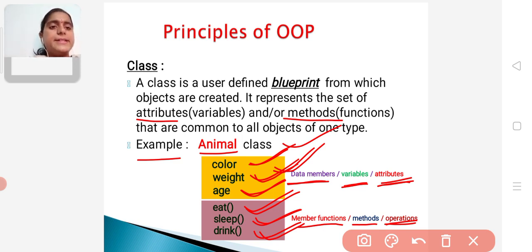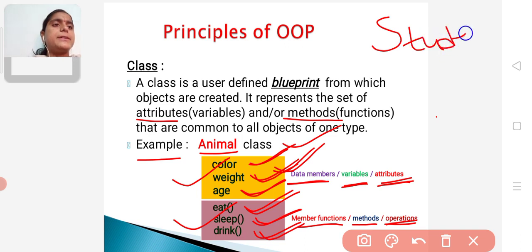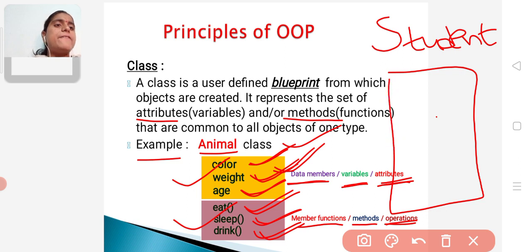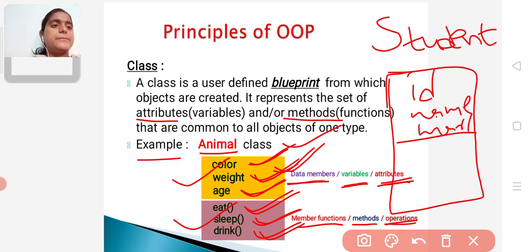So this animal class contains attributes and operations. Let us take another example, a student class. Every student has some attributes like student ID, student name, and marks.